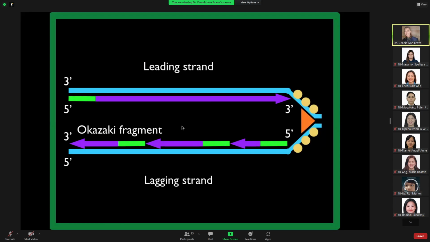Okay, final question. If the leading strand's main replicative enzyme is DNA polymerase 3, what is the main replicative enzyme for the lagging strand? 3 din po. Same. That's right. So DNA polymerase 3 is the main replicative enzyme for both the leading and lagging strand.